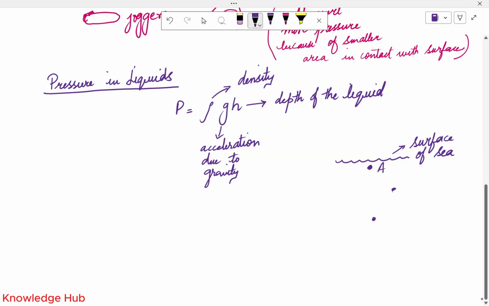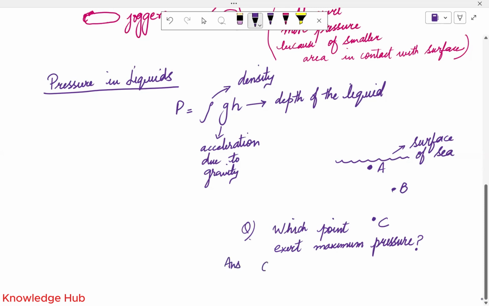This is A, this is B, and this is C. So which point would exert maximum pressure? So this is the question. The answer is that point C exerts maximum pressure.